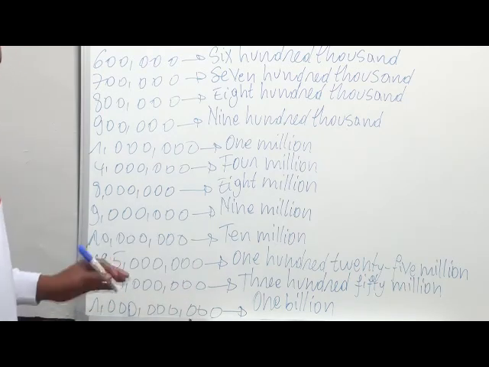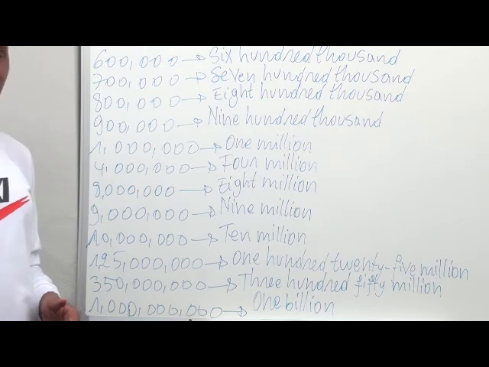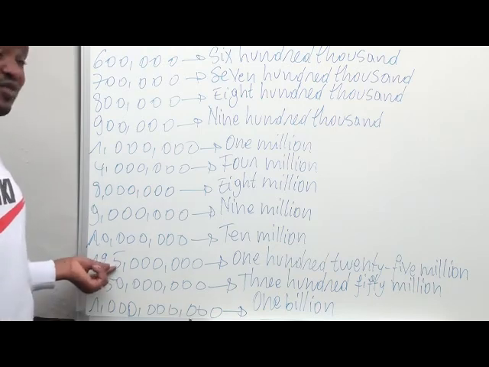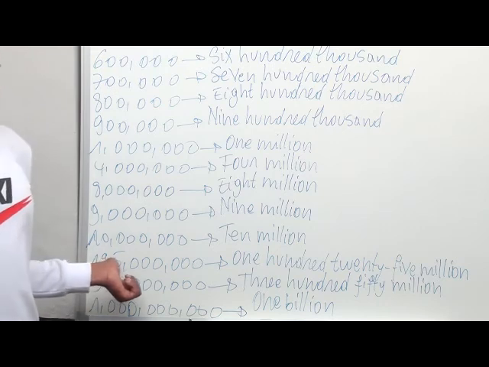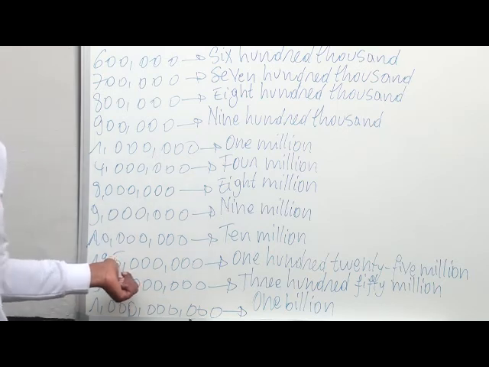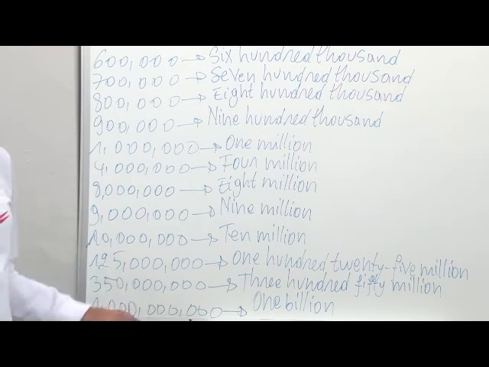If here we have another number, it's 125 and 6 zeros, so we are going to read only 125 and say million, so this number we are going to read 125 million.